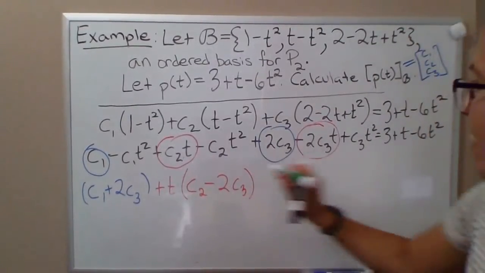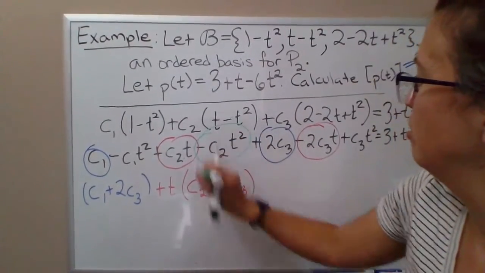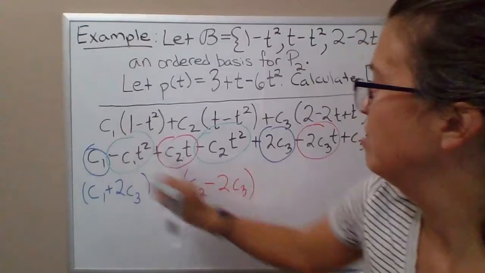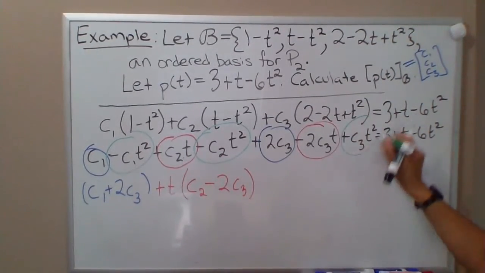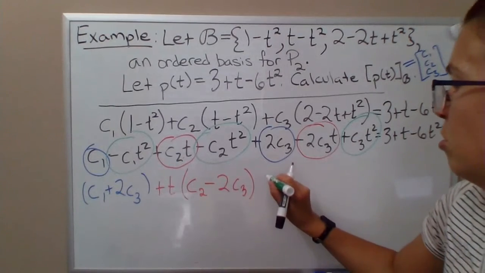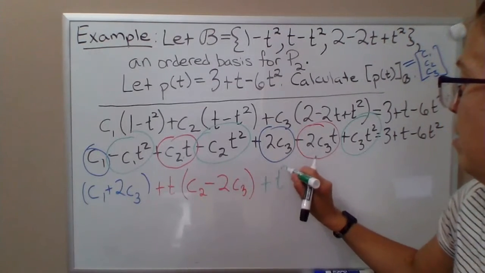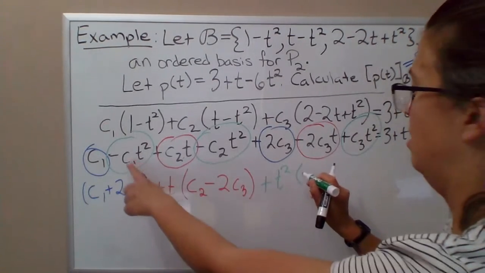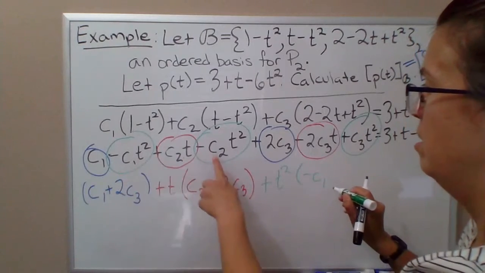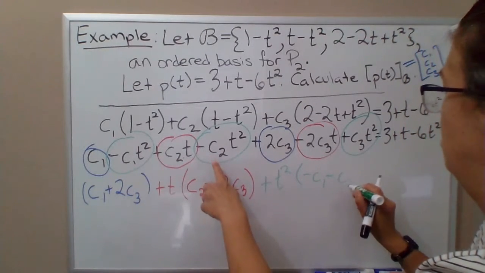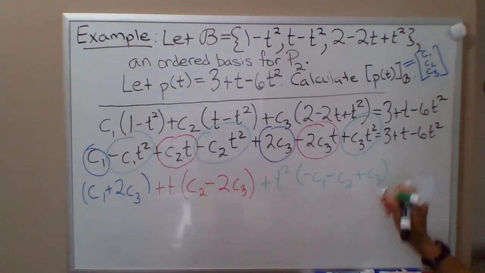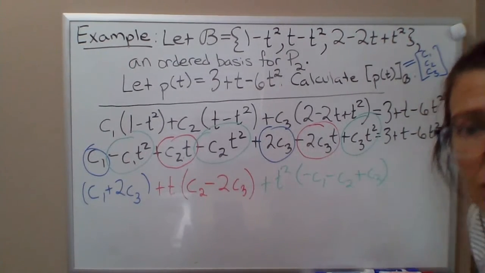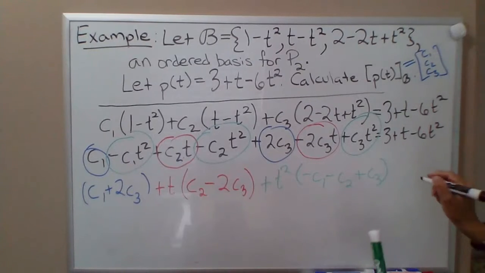Okay, here we go. T squared terms. So negative C1 times t squared, negative C2 times t squared, and positive C3. So plus t squared times negative C1, negative C2, and positive C3. Okay, sorry, that green's not showing up too great.